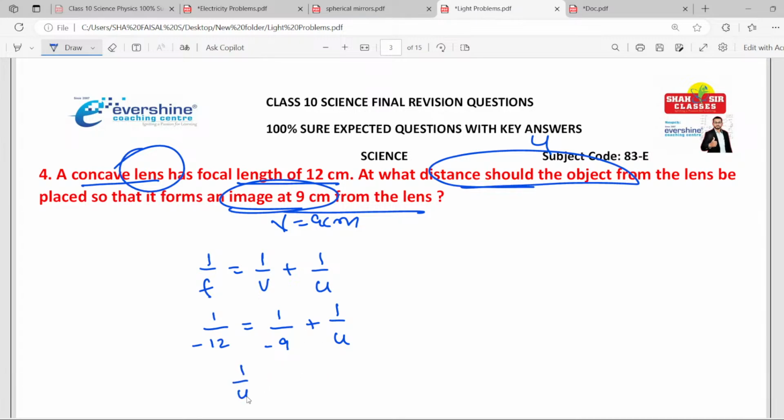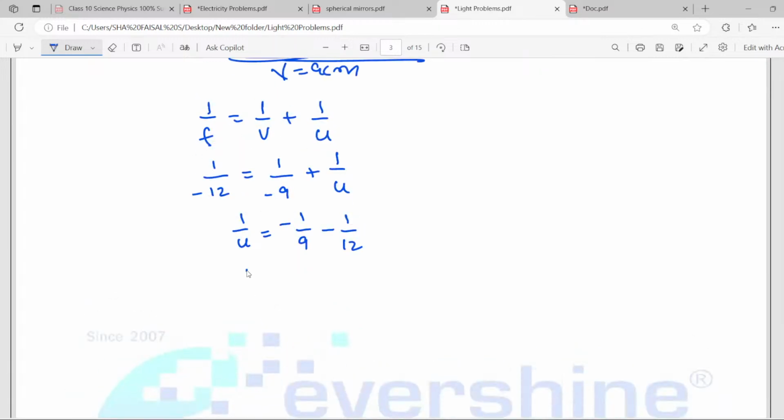Now keep 1 by u as it is, equals 1 by minus 9, go that side, it becomes minus 1 by 9. Understood? And this 1 by minus 12 will become minus 1 by 12. Now simplify. 1 by u is equal to, after you simplify minus 1 by 9 minus 1 by 12, you will be getting the value 1 by 36. So u is equal to 36 centimeter.